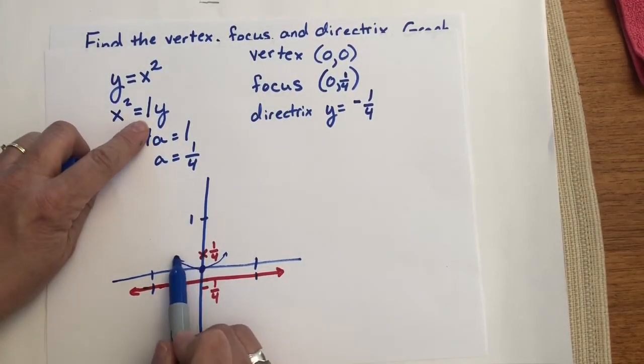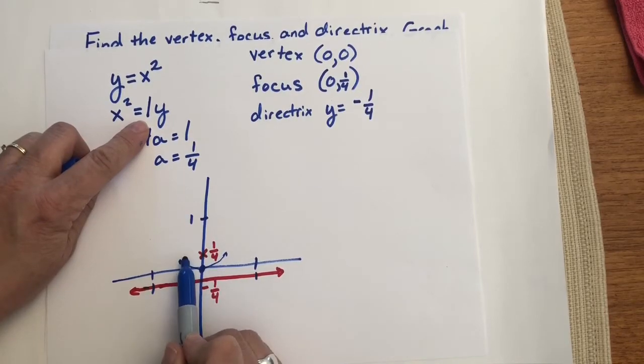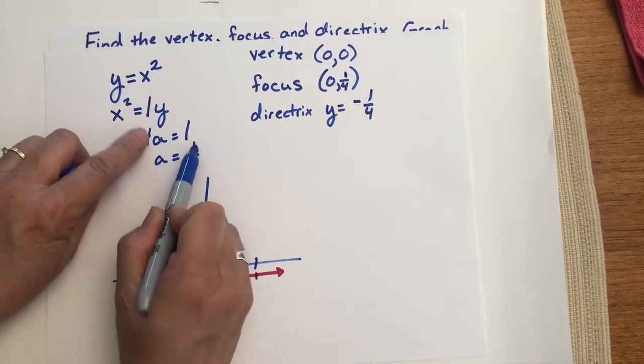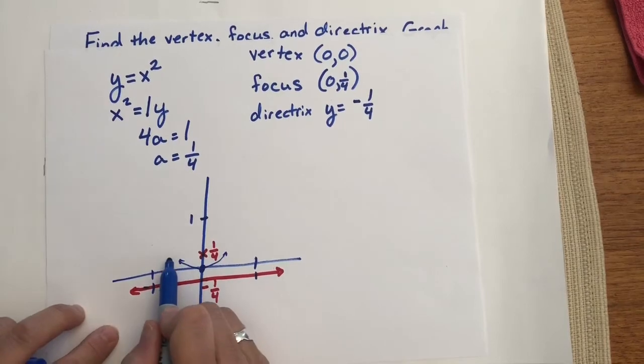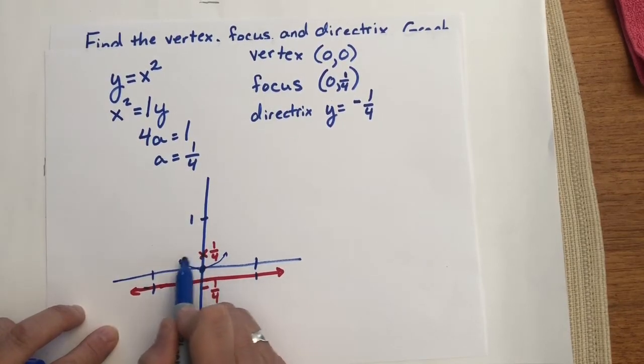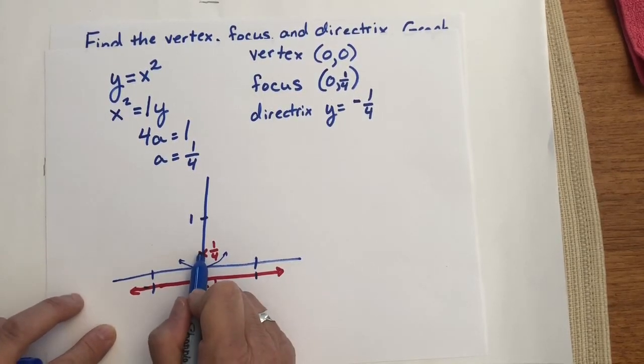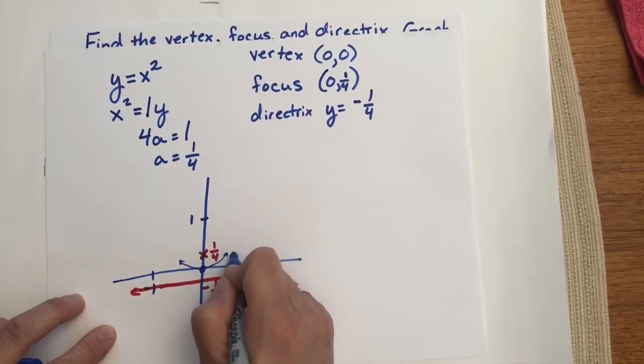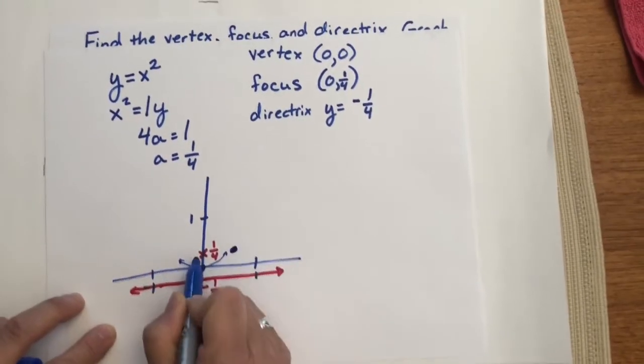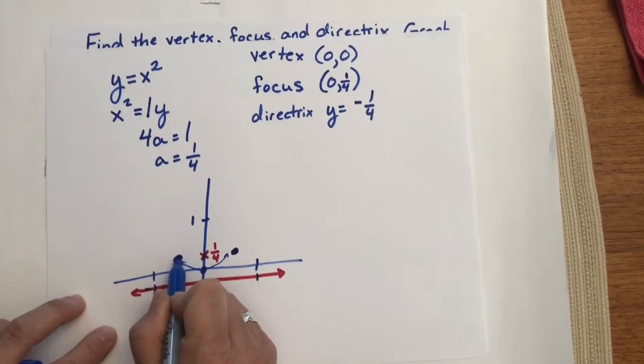The distance across the parabola through the focus is equal to 1. So the distance across the parabola through this point is equal to 1. So I split that in half, and I go a half this way, and I go a half this way.